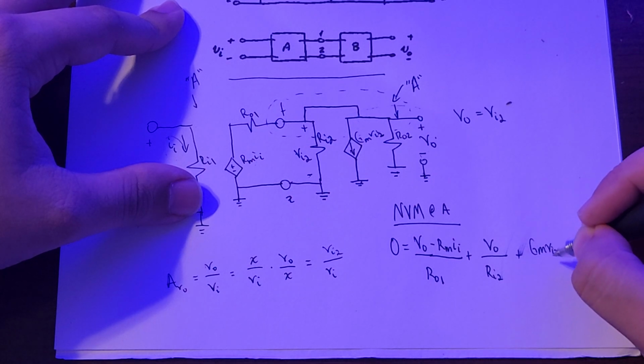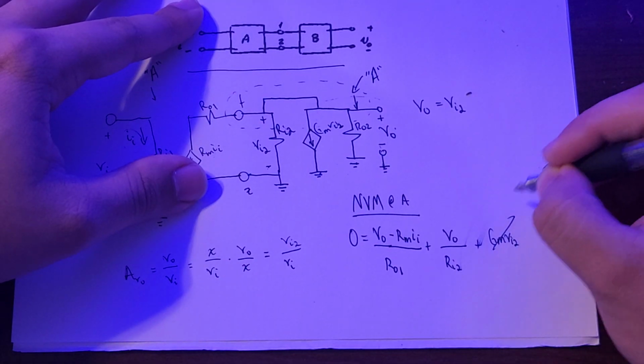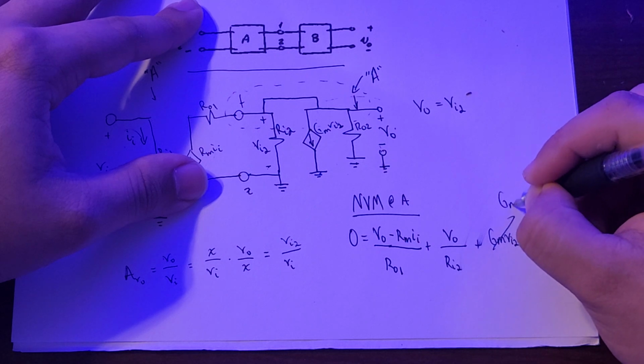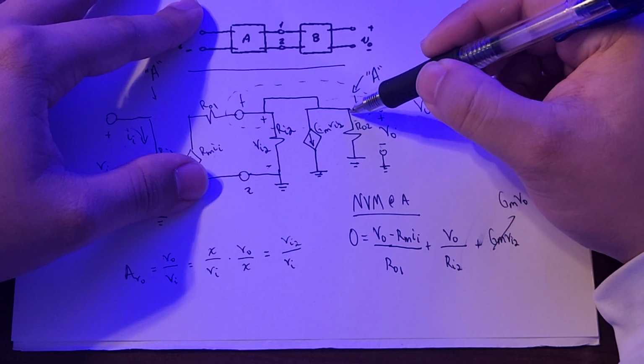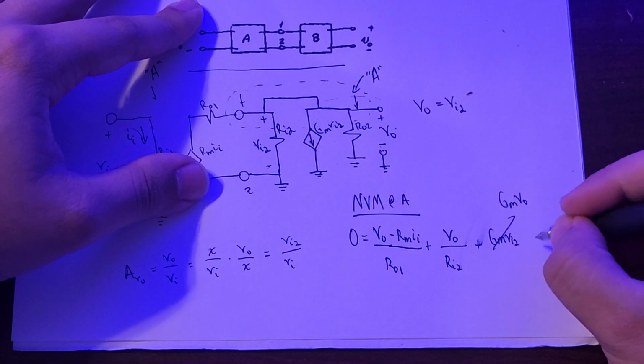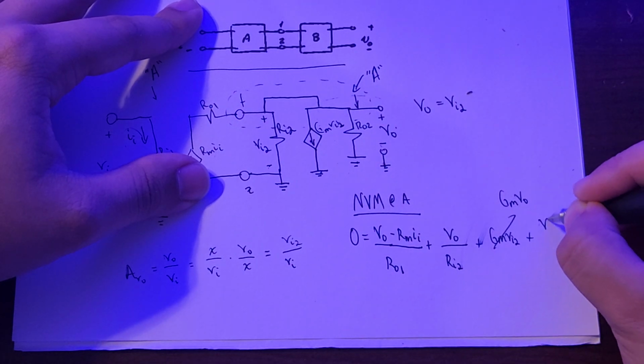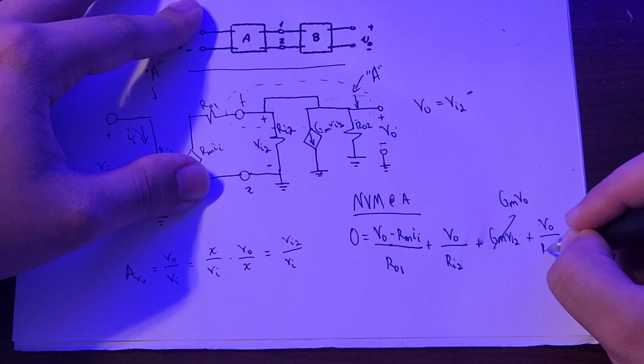And VI2, we know, is VO, so we can rewrite this as GM VO. And finally we go to the right, and then we go down here. So then this is VO over Rout2.